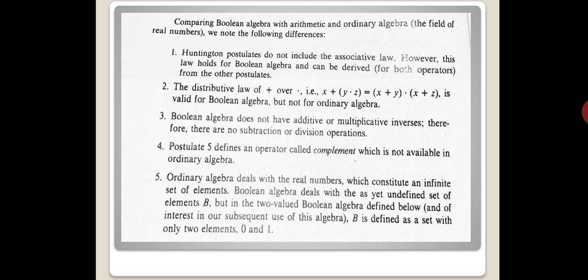The fifth point is ordinary algebra deals with the real numbers, which constitute an infinite set of elements. Boolean algebra deals with an undefined set of elements B, but two-valued Boolean algebra defines B as a set with only two elements, 0 or 1.